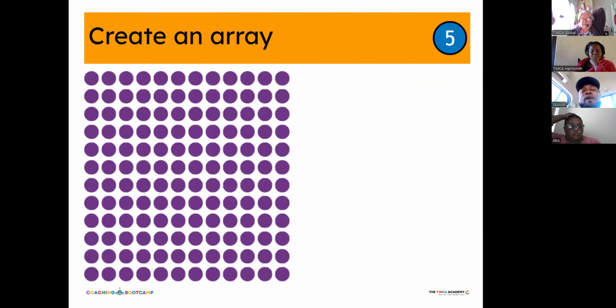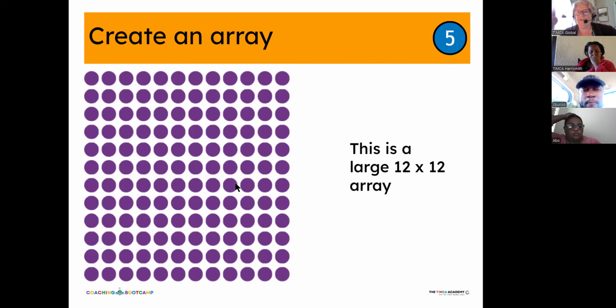Now, this one's going to be tricky for you to try and do because we haven't got an array for you to practice with. So let's talk you through and see how we get on. So we're still working with arrays, but now you can see the arrays. This array has got much bigger. Yeah. So this is actually a 12 by 12 array, 12 rows with 12 items in each row.